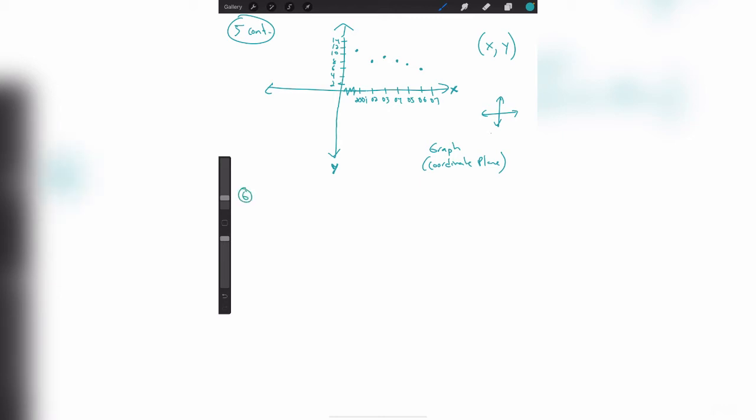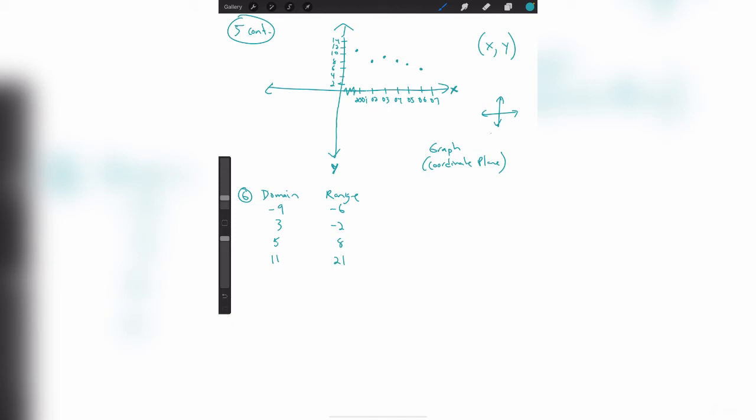All right, number 6. It says determine whether each relation is a function. And it gives me a domain, and my domain was -9, 3, 5, and 11. And my range it gave me was -6, -2, 8, and 21.